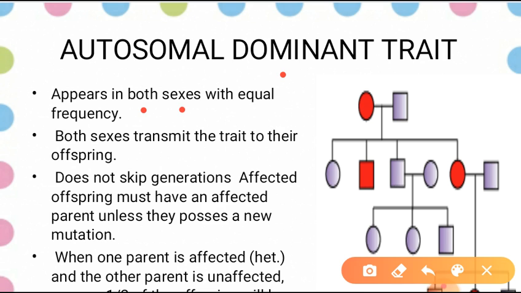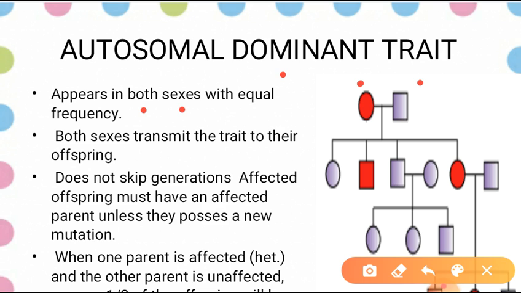And these disorders will not skip the generation. That means if a child is affected, their parents also will be affected. Either one of the parents will be affected. For example, you take this pedigree. This shows that female is affected but male is normal, right?